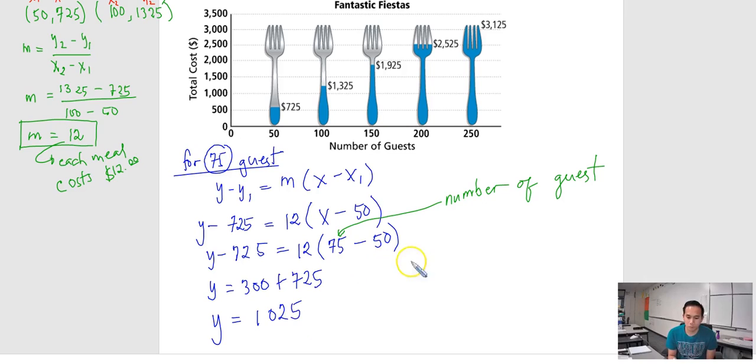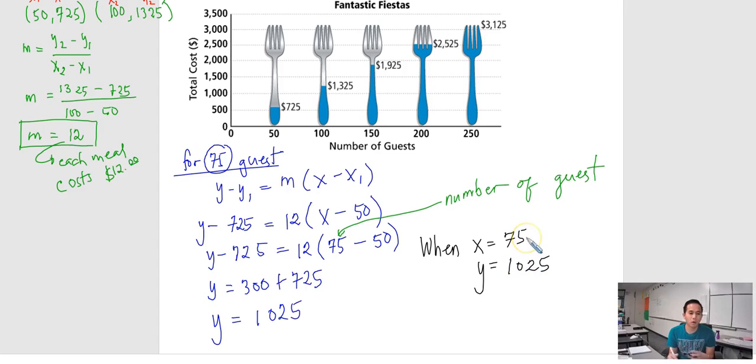When x is equal to 75, your y will be 1025.